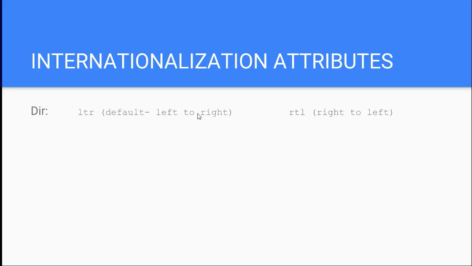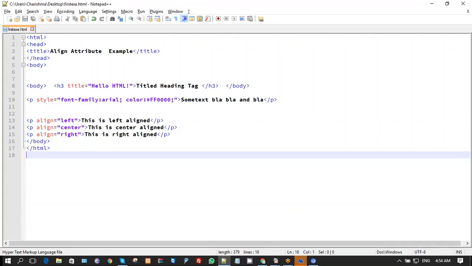When you're making websites which have a language of Hebrew or Arabic, you should use this attribute. Okay, let us try this code. Let us delete these alignment attributes.